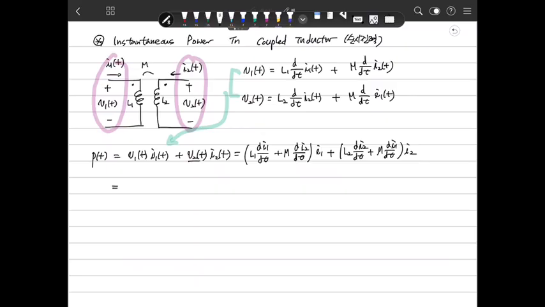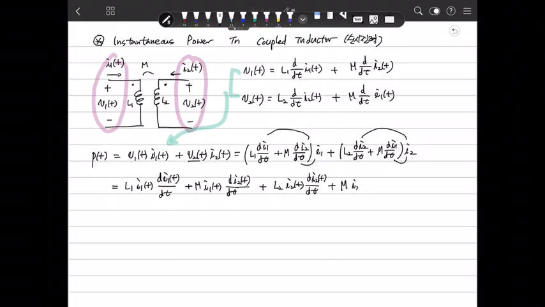So we need to calculate L1 I1(t) di1/dt, plus M I1(t) di2/dt, plus L2 I2(t) di2/dt plus M I2(t) di1/dt.